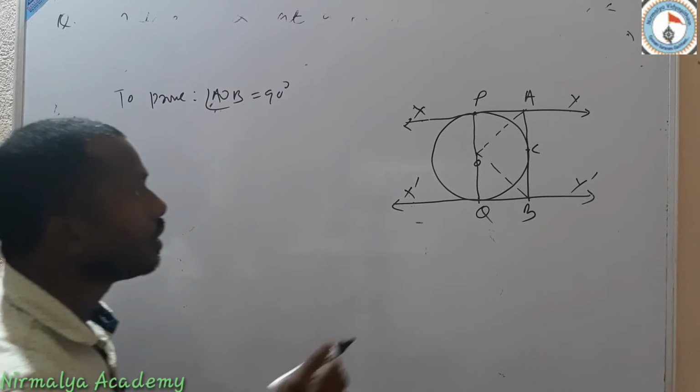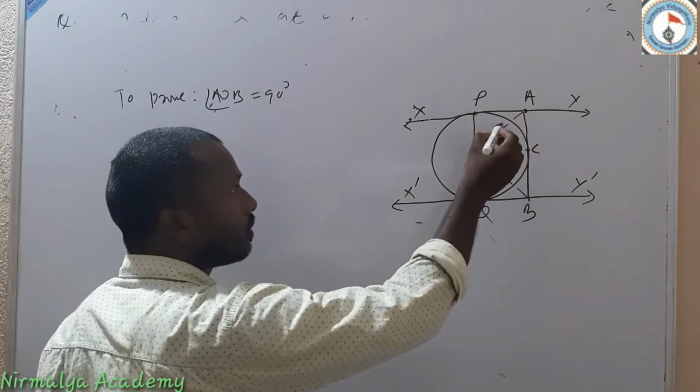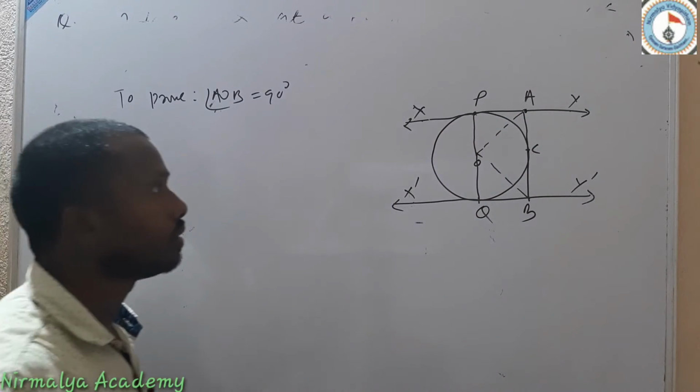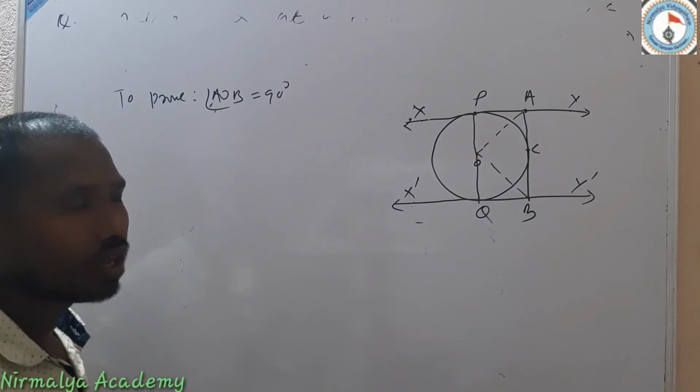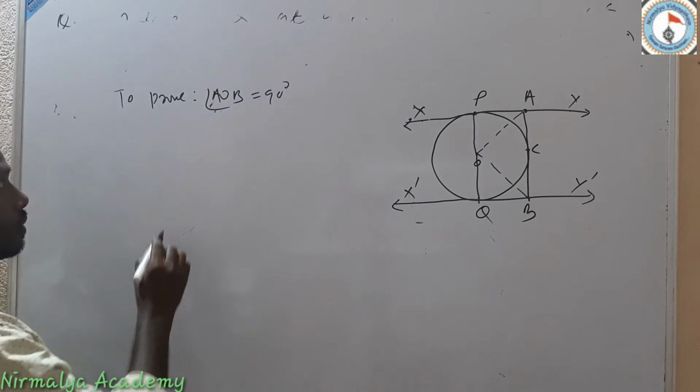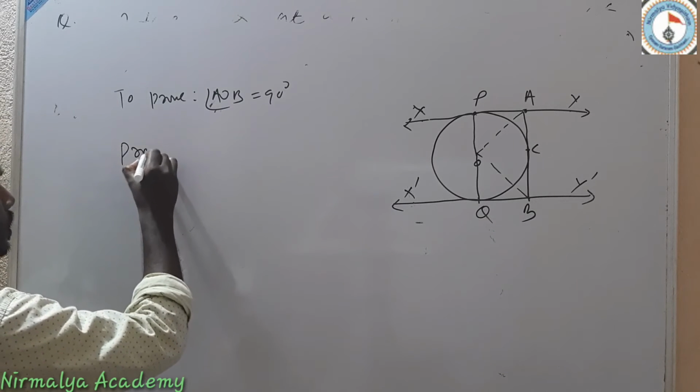Now A is the external point for the circle, so the tangents drawn from an external point to a circle are equal in length. So now we will start the proof.